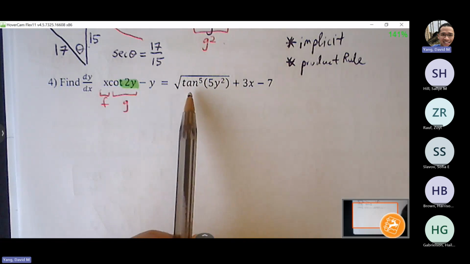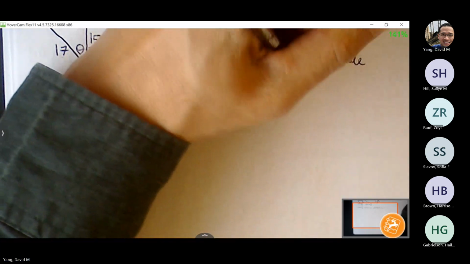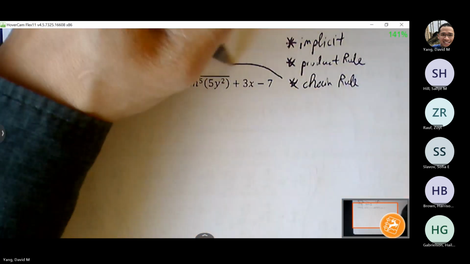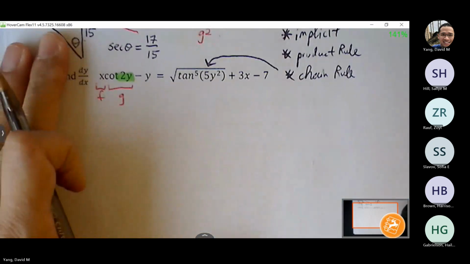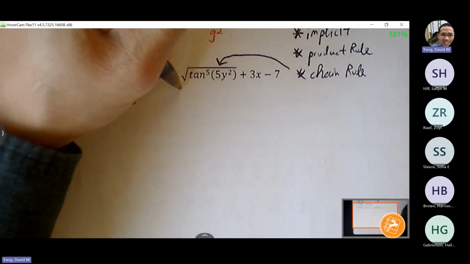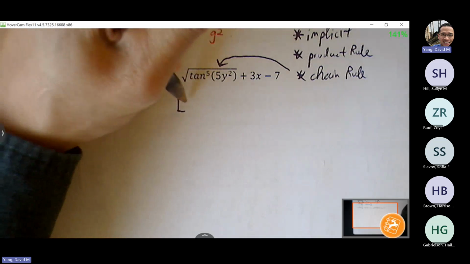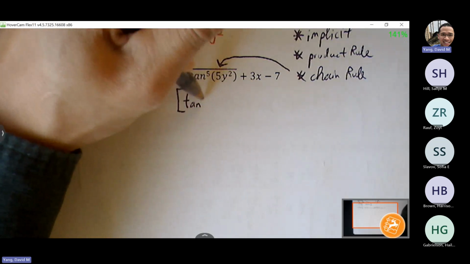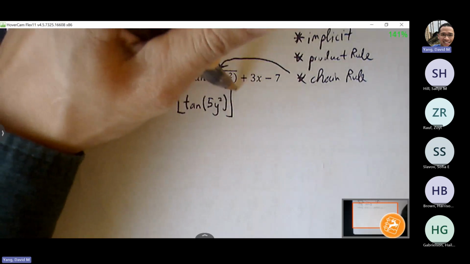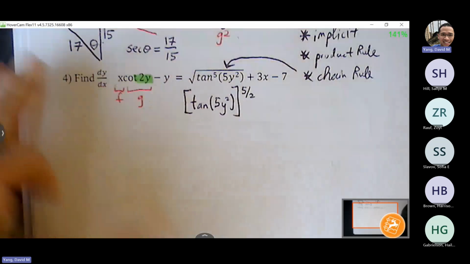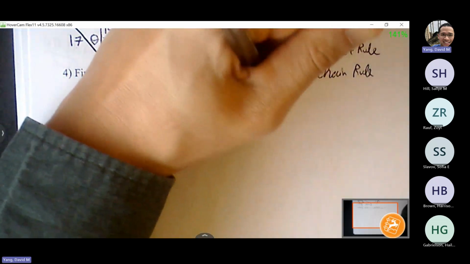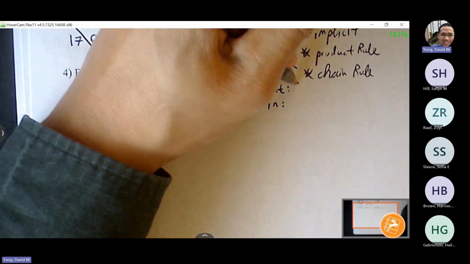This is going to have to be chain rule. Let me just rewrite this to get it ready for my derivative step. I know that this whole thing is going to be tangent of 5y squared raised to the 5 over 2. Got to take care of that outside and inside portion to get its full derivative.